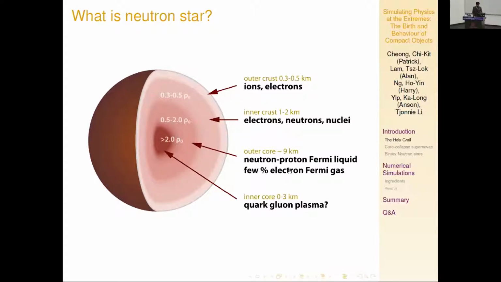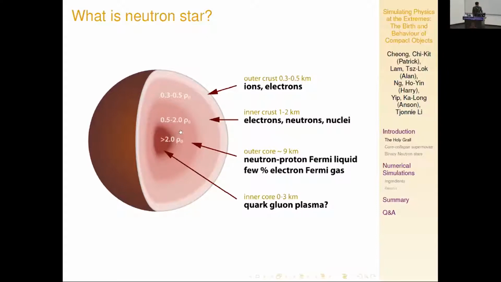To be honest, the physics at that extreme condition is a little bit beyond our understanding. In short, we actually don't know what neutron stars are made of.